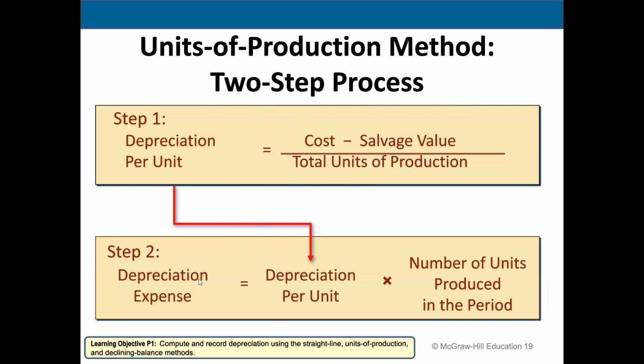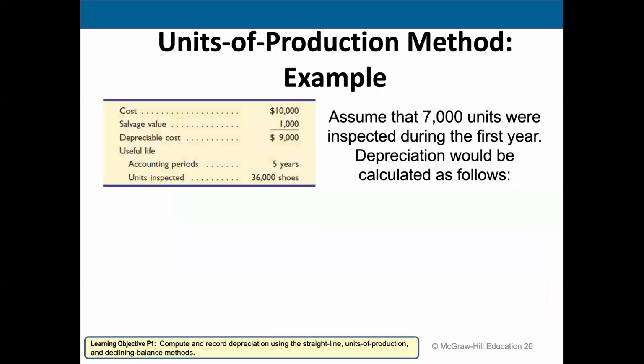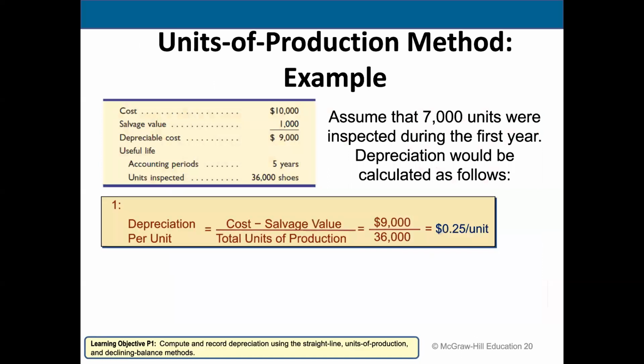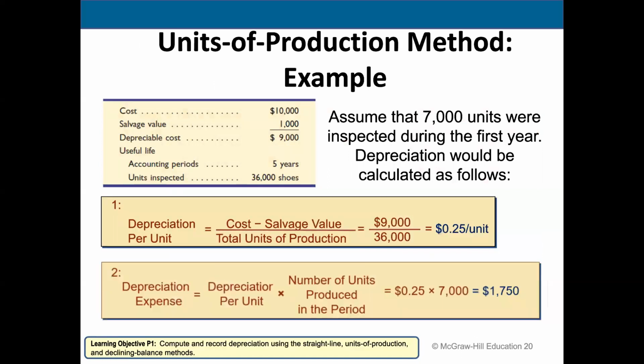And then our depreciation expense will be the depreciation per unit that we calculated in step 1, multiplied by the number of units we did during the period. So in this case, if you remember, it told us that the machine equipment here had 36,000 shoes in its useful life. That's how many it could inspect. So to find our depreciation per unit, we take our cost minus our salvage value, divide that by the total units of production, and it comes out to 0.25 or 25 cents.